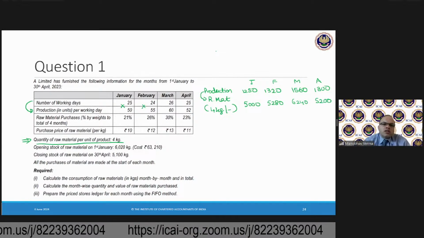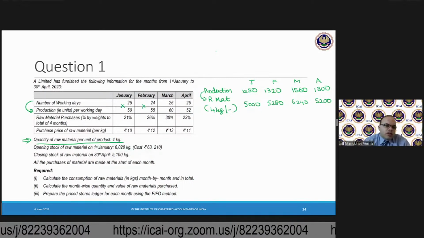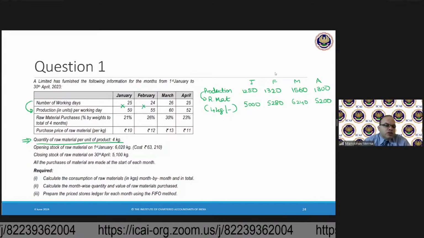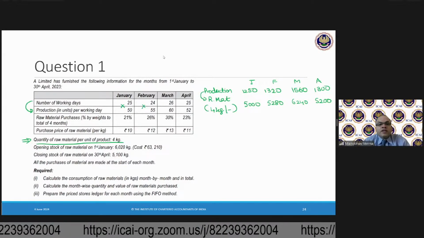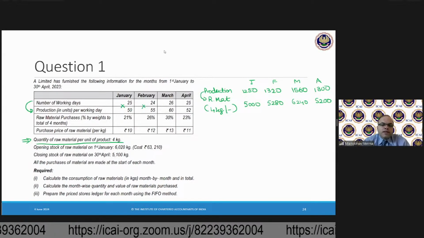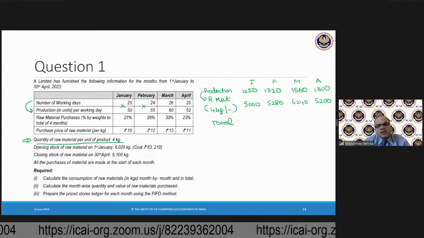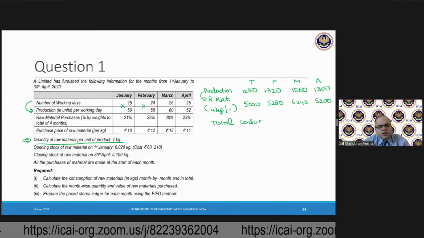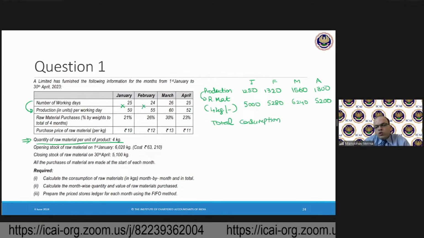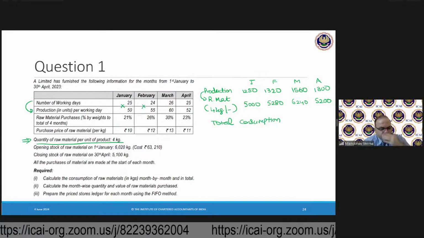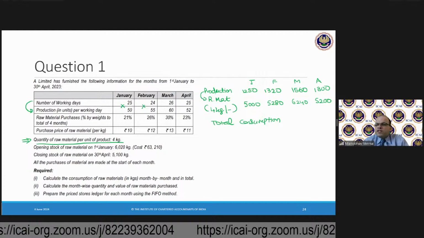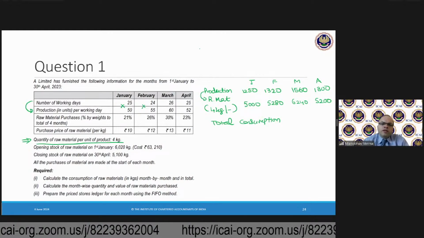So the first requirement was to calculate the consumption of the raw material month by month and in total. So what is the total consumption, guys? If you want to quickly add this, 5,000 plus 5280 plus 6240 plus 5200.